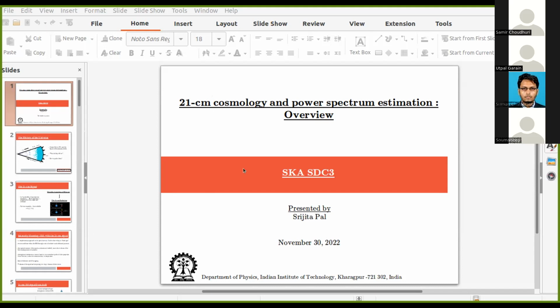Now here in this picture, the blue shows the neutral hydrogen part of the IGM, and the white portion shows the ionized part of the intergalactic medium. At around a redshift of 30, these first luminous sources emit X-rays and UV photons that heat the intergalactic medium around them and ionize the neutral hydrogen.